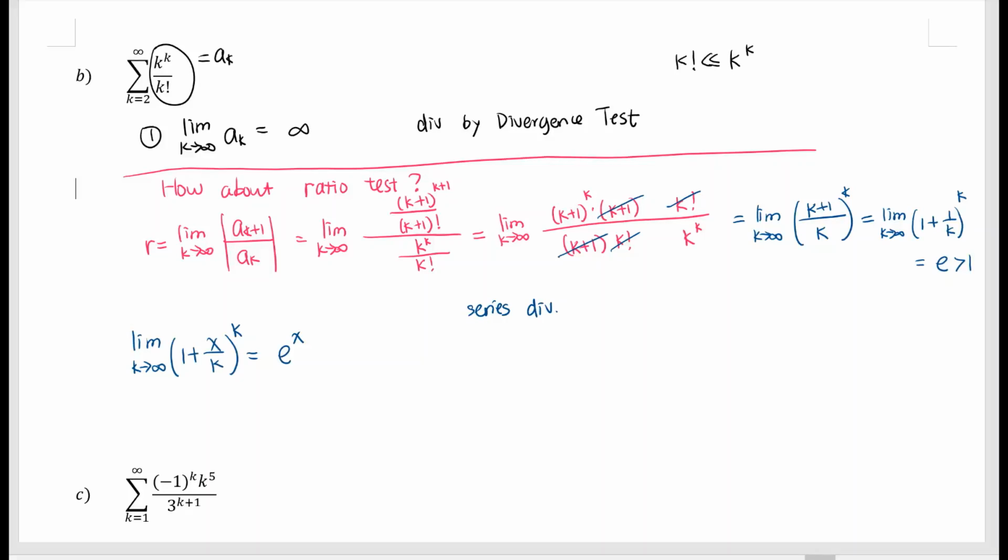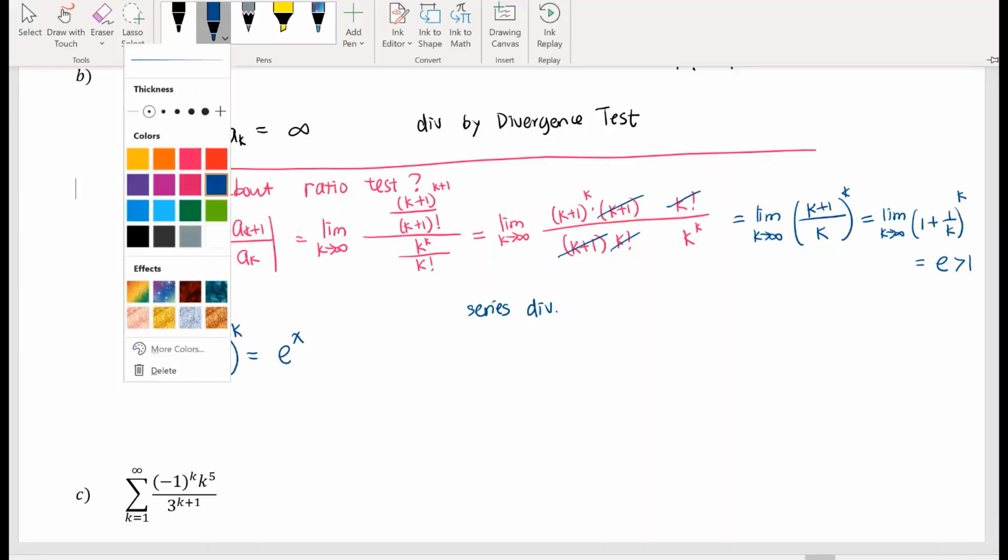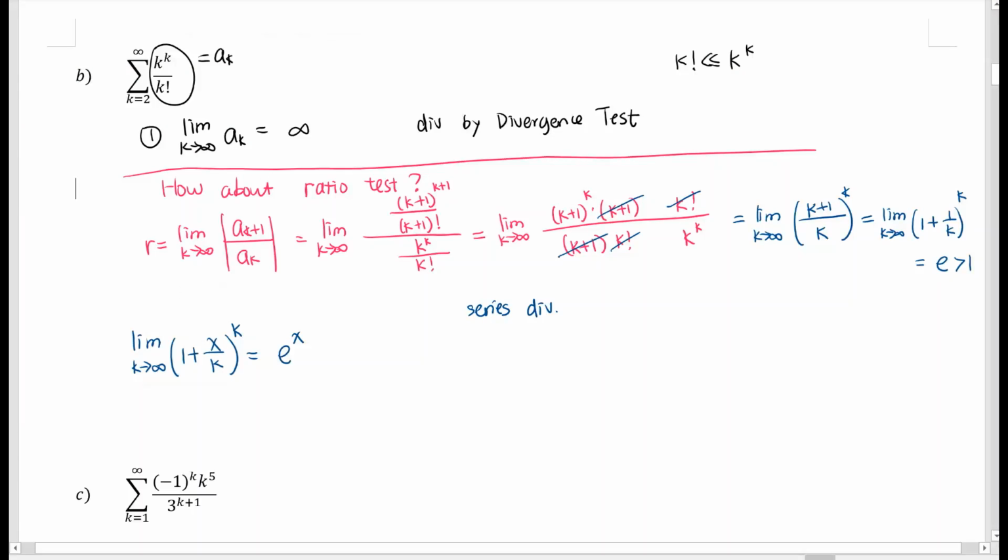Maybe some of you will ask, okay, what happened if I don't remember the e to the x formula? Okay, it's all right. Because you see k in the base and in the exponents, what are you gonna do? By the way, this is indeterminate form. When this goes to 1 and k goes to infinity, this is indeterminate form 1 to the infinity.